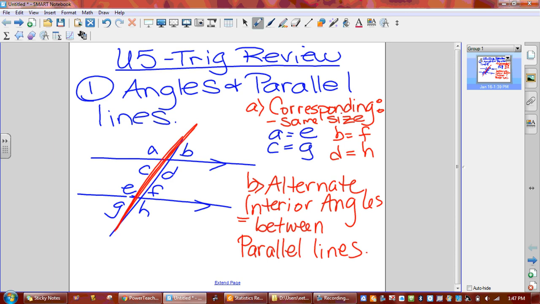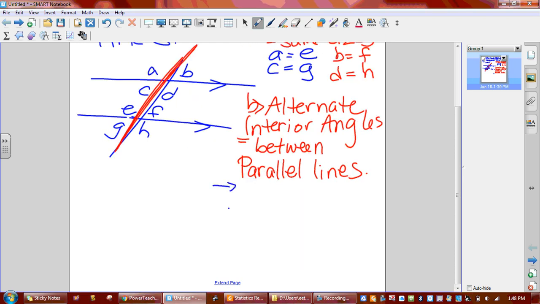Okay, so they're between the parallel lines. And they're on opposite sides, and they form a Z or an N. So they are on opposite sides of the transversal.